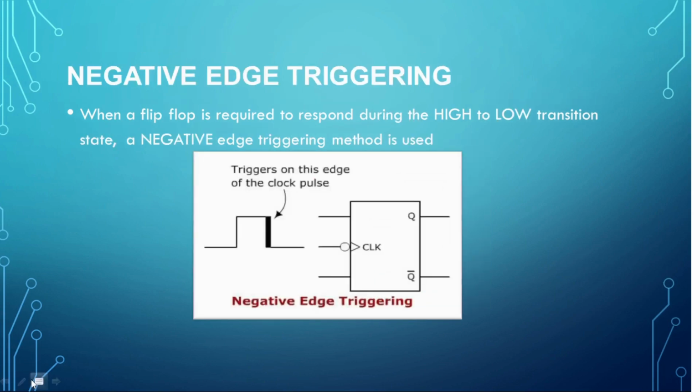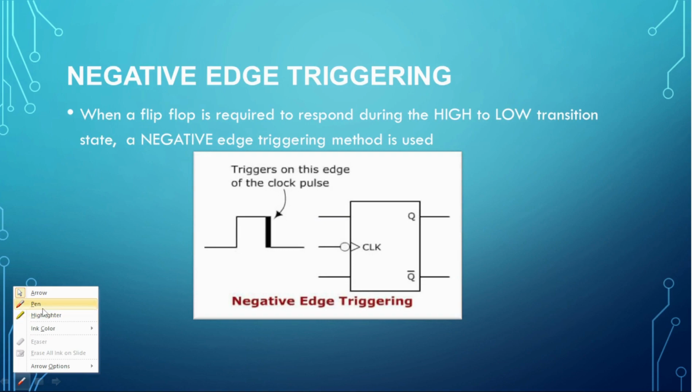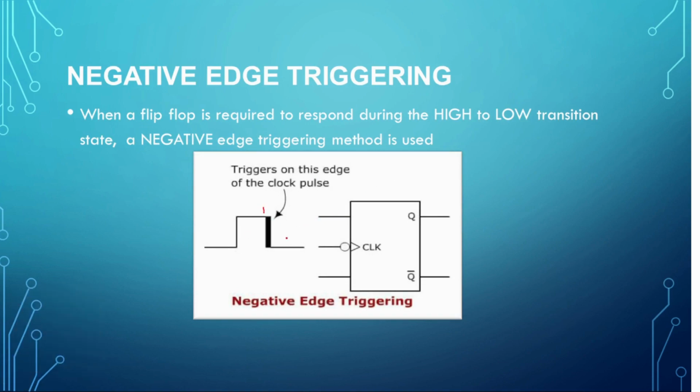When the triggering occurs from high to low, that is 1 to 0, this phase is known as the falling state, and this is known as negative edge triggering. It is the opposite of positive edge triggering.